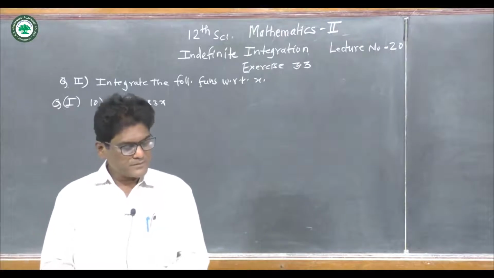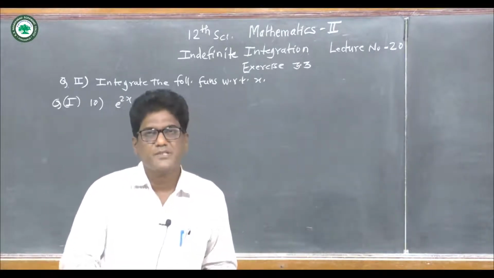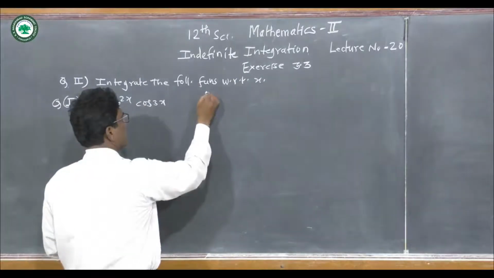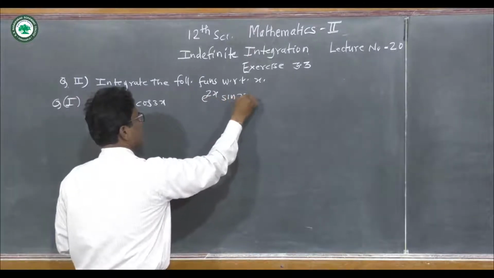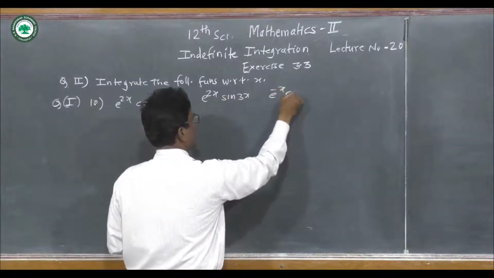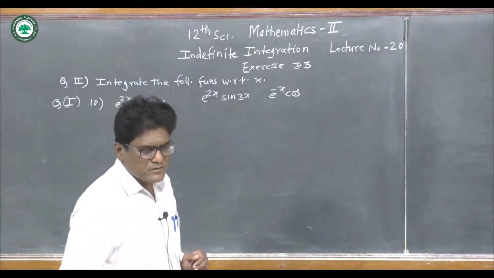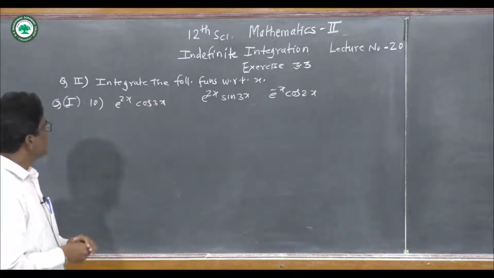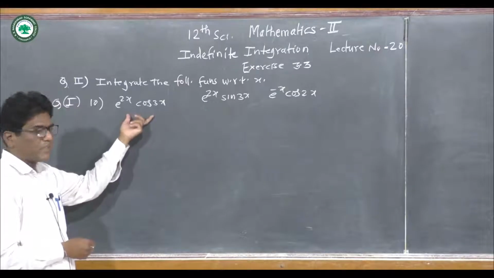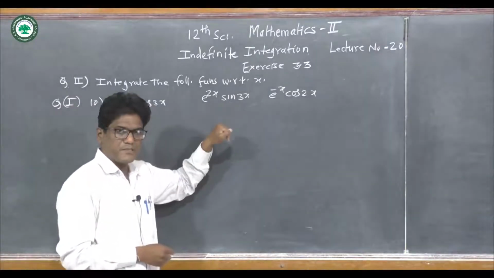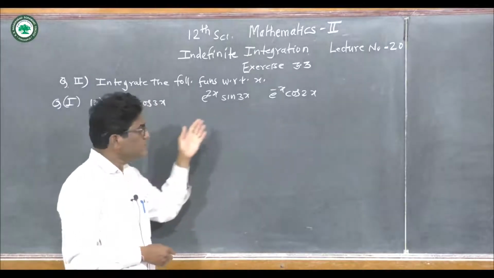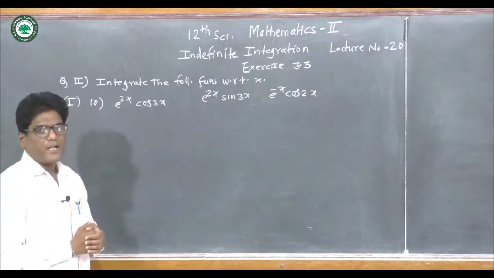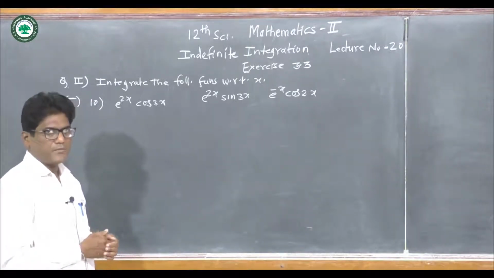And in question number second, the first and second problems are also of this type: e to the power 2x sin 3x, and the next one, e to the power minus x cos 2x. So totally these three problems are of the same type. We solve one of these and the remaining you solve by yourself.